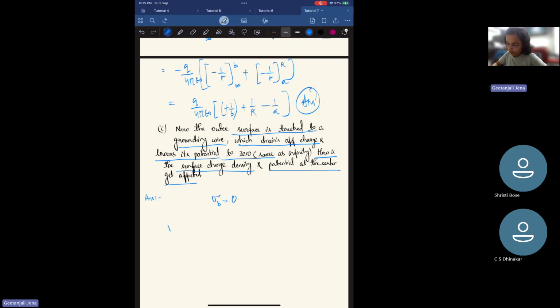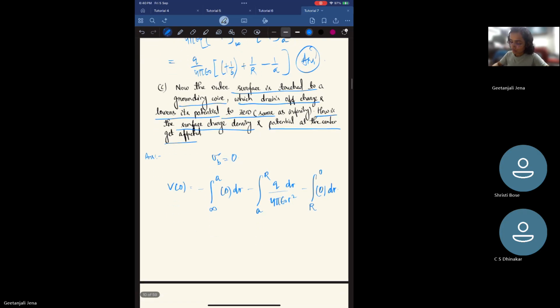That is why the potential is now the integral from infinity to B of 0 dr, minus the integral from A to R of Q by 4 pi epsilon naught r square dr, minus the integral from R to 0 of 0 dr. So this will give Q by 4 pi epsilon naught times 1 by R minus 1 by A.